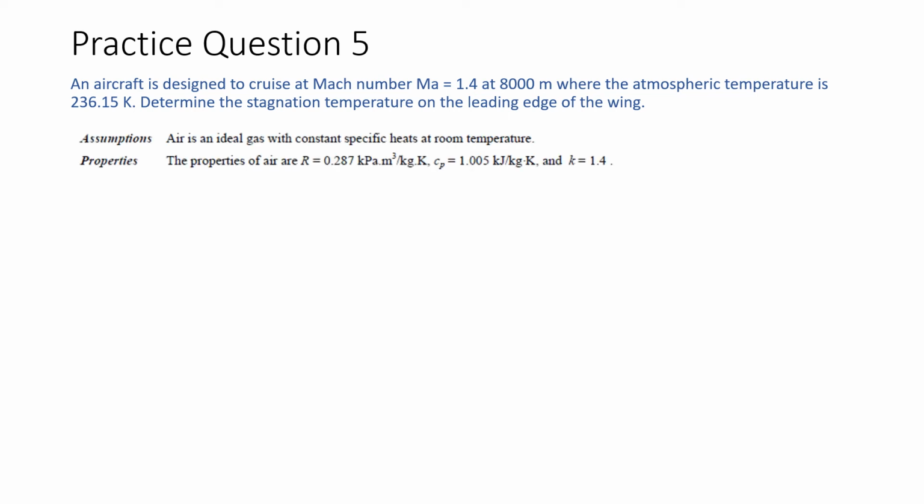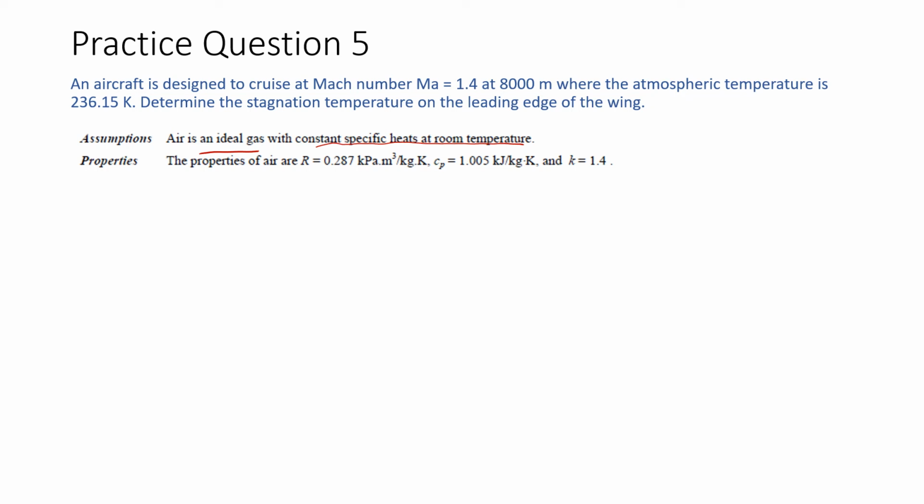So stagnation temperature, of course, standard assumptions. Air is an ideal gas. Actually, this whole chapter is based on these assumptions: that the gases we're dealing with are ideal gases and they have constant specific heat values that we will use. Otherwise, you know that the specific heat value changes with temperature.